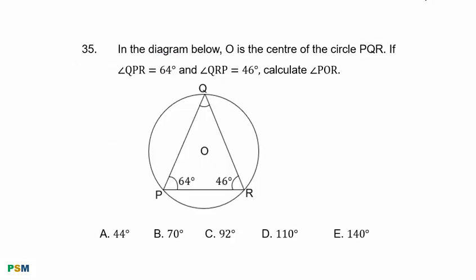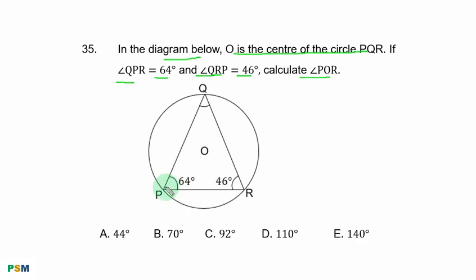Question 35. In the diagram below, O is the center of the circle PQR. If angle QPR equal to 64 degrees and angle QRP equal to 46 degrees, calculate angle POR, the angle at center.